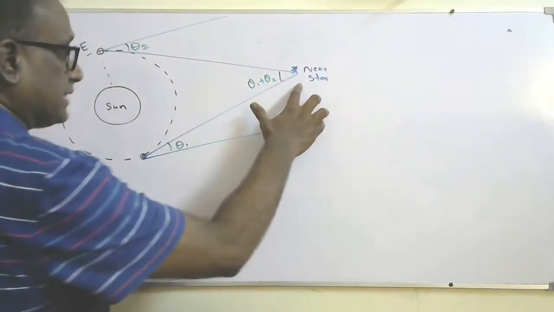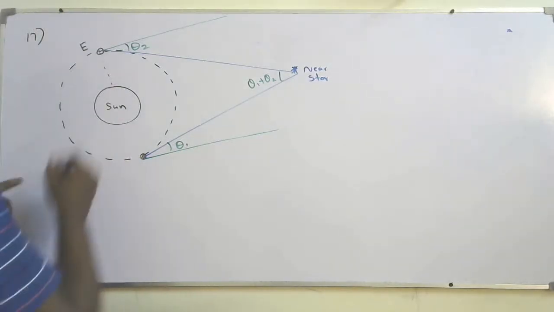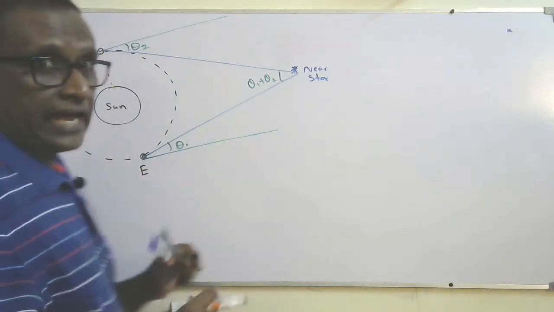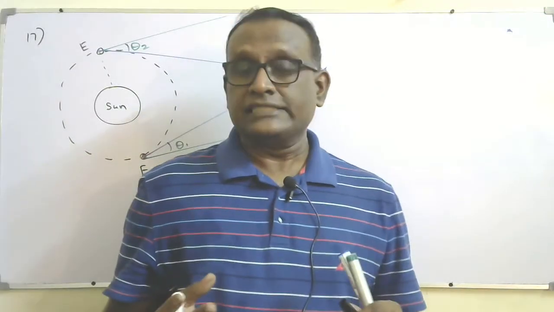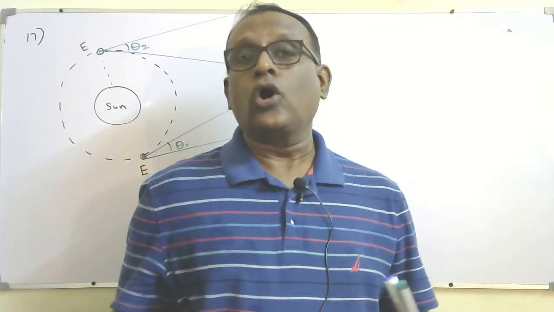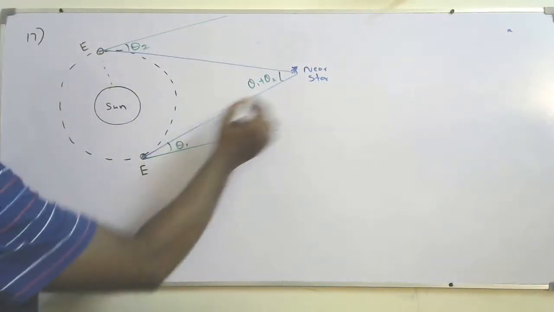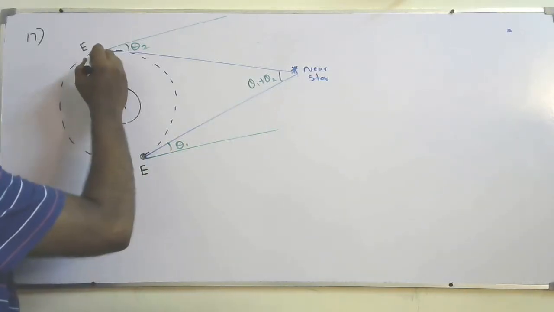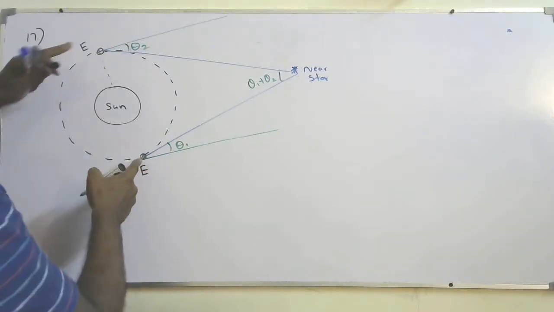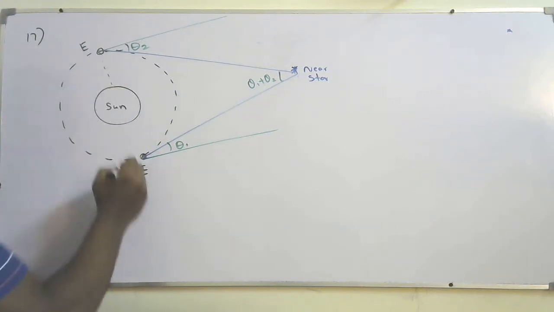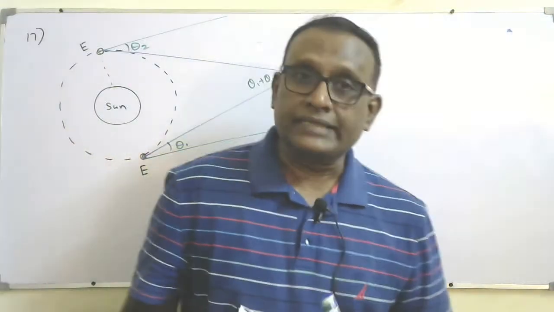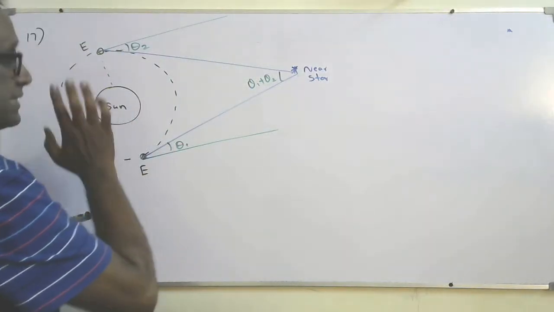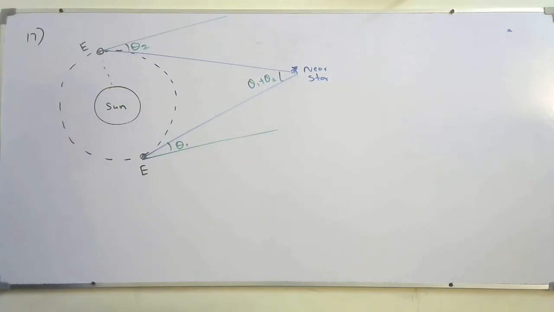The nearby star is here, the earth is here. After 6 months, the earth will be here. By using these two measurements, theta 1 and theta 2, we can measure the angular displacement made by the nearby star during the 6 months interval. And we know the diameter of the earth's orbit around the sun. So by using trigonometry, we can find the distance of the nearby star from the sun or from the earth.